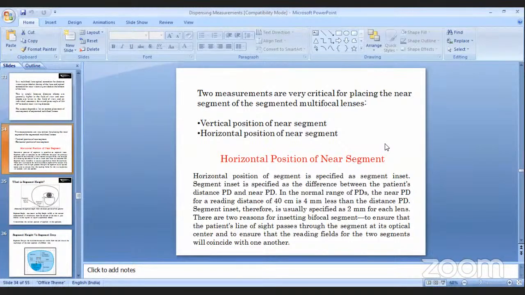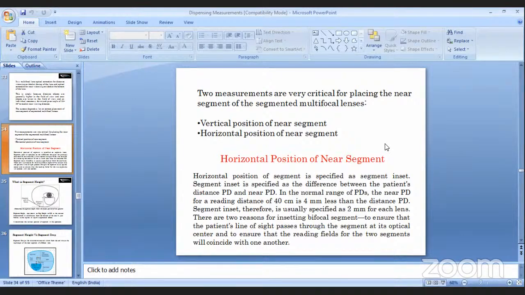If you remember, we just talked about that there is a difference between the patient's near PD and distance PD, and the difference usually varies in the range of 4 to 5 millimeter. In the normal range of PD, at a reading distance of 40 centimeter, the gap is 4 millimeter or less.